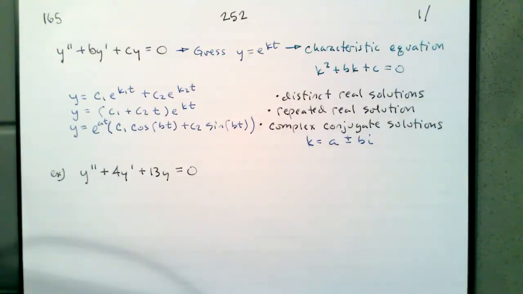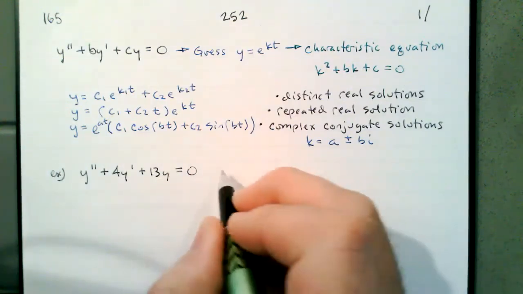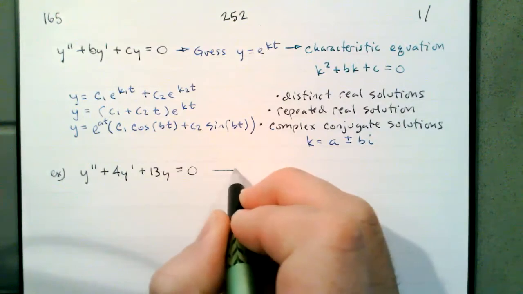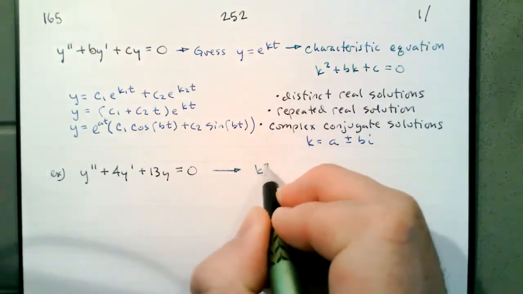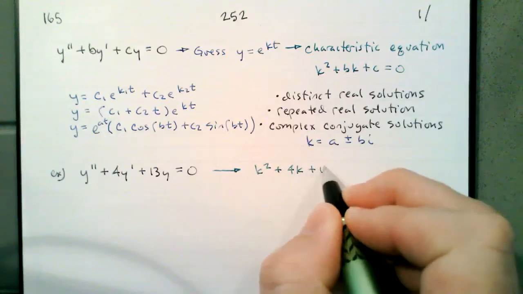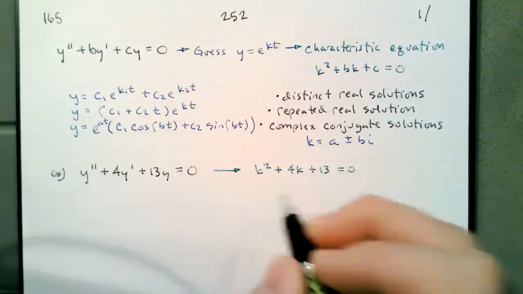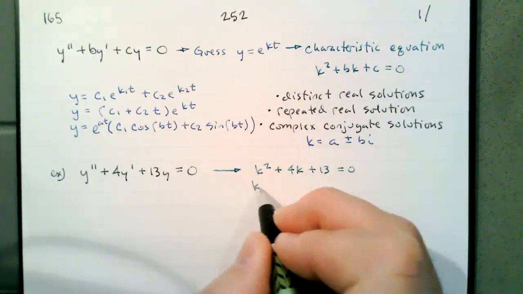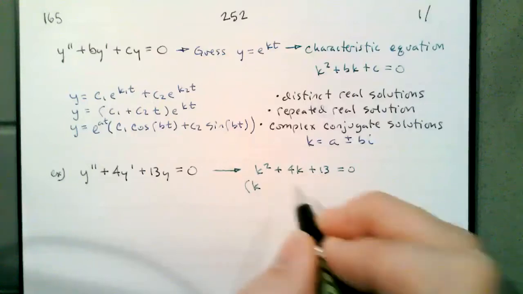We make the same guess that we did before, e to the kt. And then this leads to the characteristic equation, k squared plus 4k plus 13 equals 0. And then we skip the quadratic formula because the quadratic formula is lame.